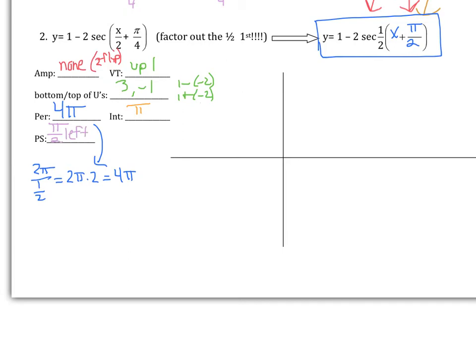Okay, so again, let's start with the x-axis. Since it's pi over 2 to the left, my starting point is going to be negative pi over 2. And I'm going to add pi, which is my interval, 4 times.